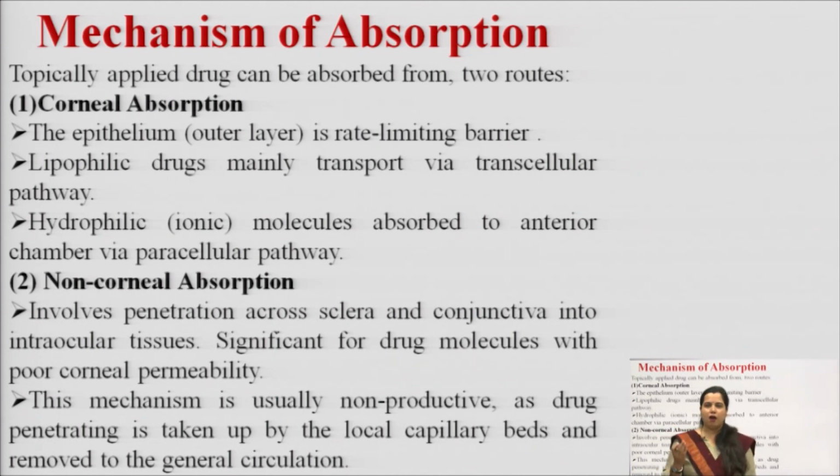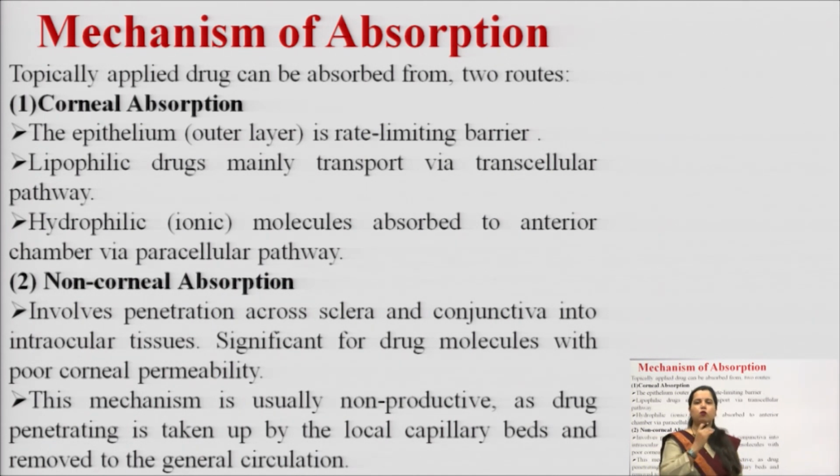Now, what are the various mechanisms of absorption? We have generalized two types: corneal absorption and non-corneal absorption. Corneal absorption represents absorption through the cornea and its different layers, and non-corneal absorption is absorption through the sclera and conjunctiva. These are the different mechanisms of drug absorption into the eye.